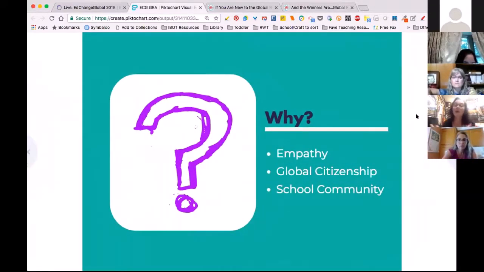Okay, cool. So why? These were our big 3 reasons for doing Global Read Aloud. I already touched on the first one, wanting our kids to develop more empathy. I did not grow up in an affluent area. Where I grew up was very much blue collar working class. But the school that I teach in is in a pretty affluent area.